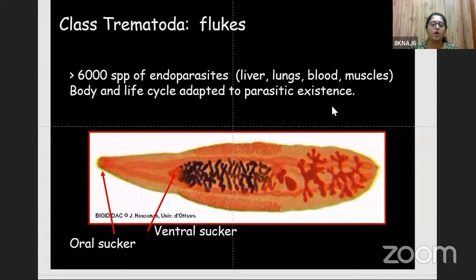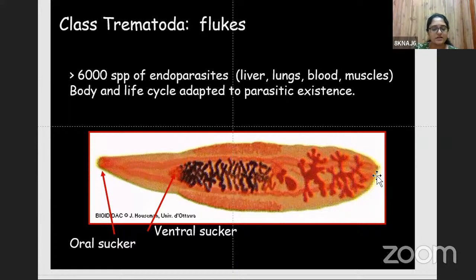Ecto means living on or outside the body of the host. Endo means inside the liver or inside the body of the host. The body is elongated; it can be oval or round, but it is not segmented. There are no segments as such.